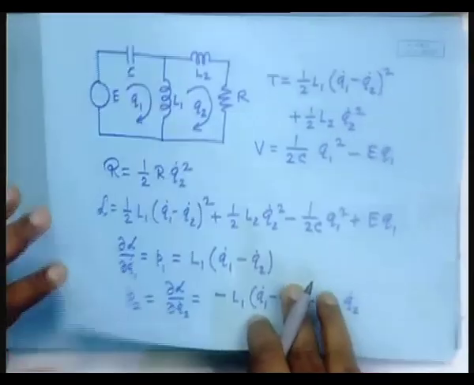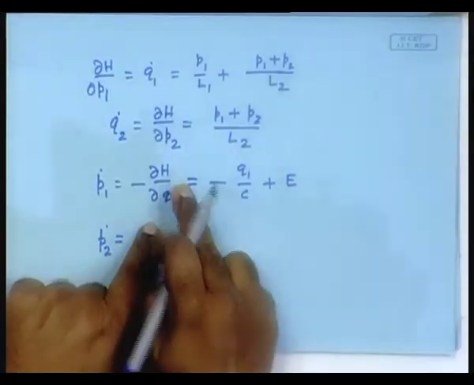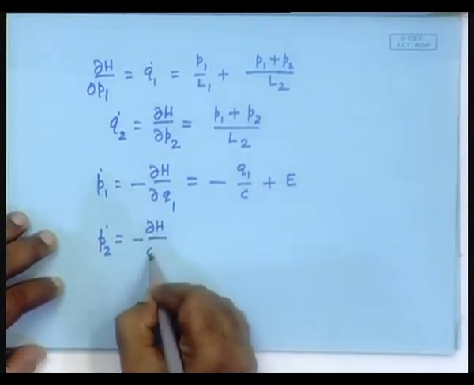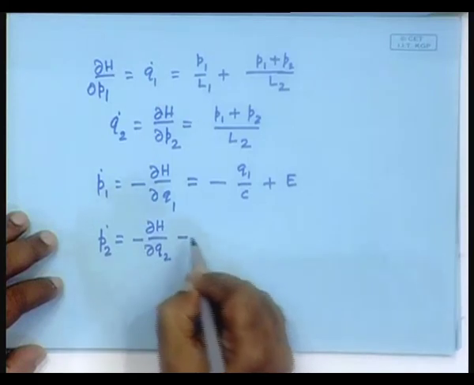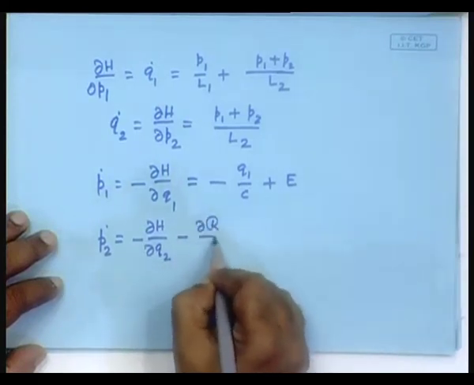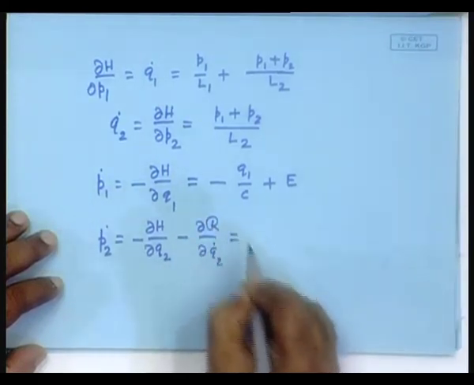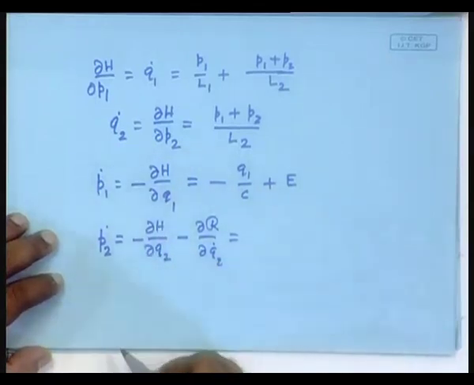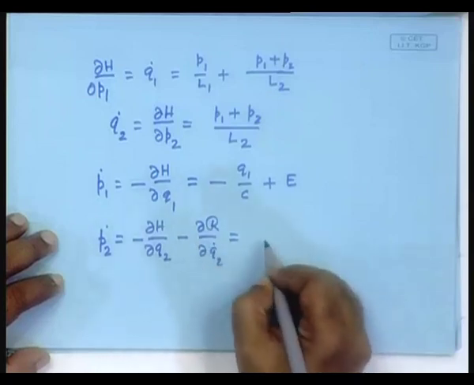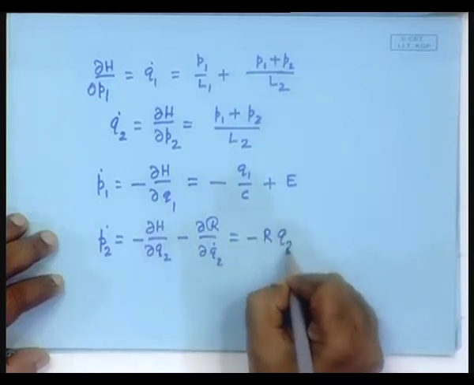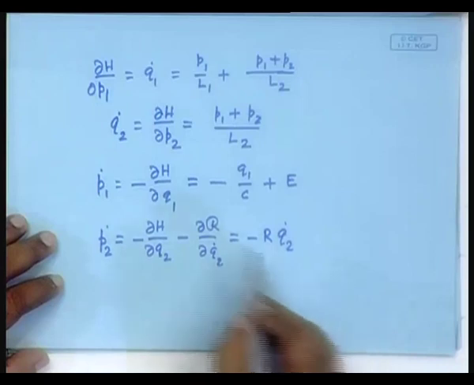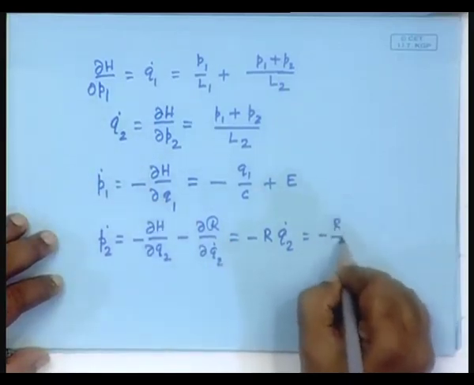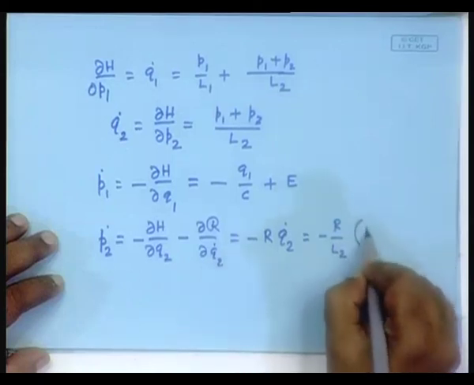So, even if we should have written it here, we are not wrong. This is minus the derivative of the Hamiltonian with respect to Q2 minus the Rayleigh derivative with respect to Q2 dot. That becomes, this is 0, this remains minus R Q2 dot, and then you substitute: minus R by L2 (P1 plus P2).